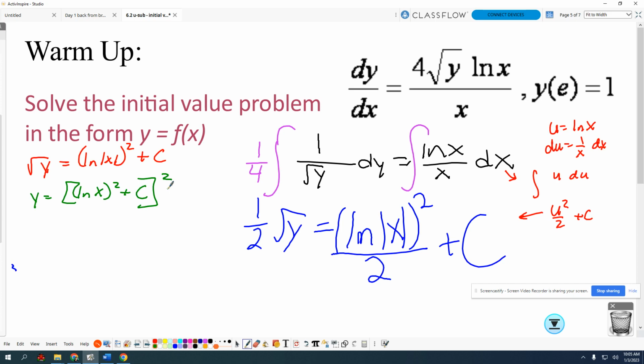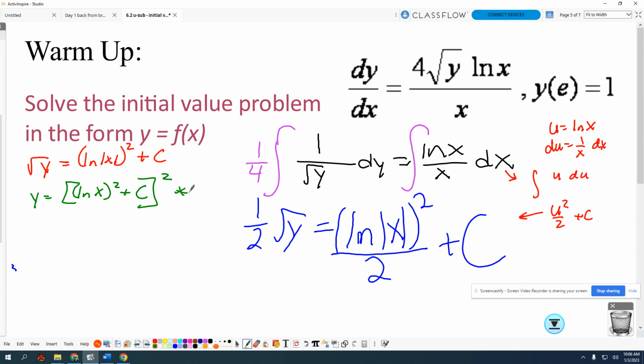Teddy said square it, and you are saying to plug it in. Both are correct things. Well, they both have challenges. Choosing this option, I've got this natural log inside squared that I need to put the plus c and then square all of that parentheses as a group.